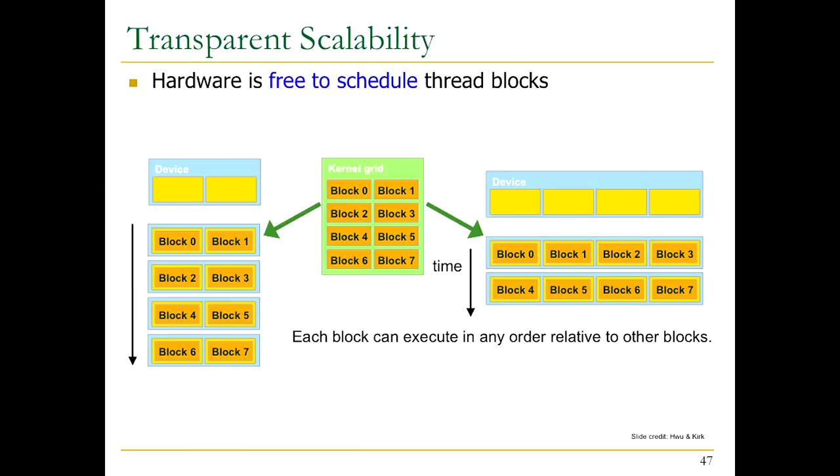So here you have an example. We might have a device with 2 of these cores. We might have another device with 4 of these cores, and this is our kernel. We are going to launch 8 thread blocks in our kernel. How are we going to execute these 8 thread blocks in these 2 cores or in those 4 cores?